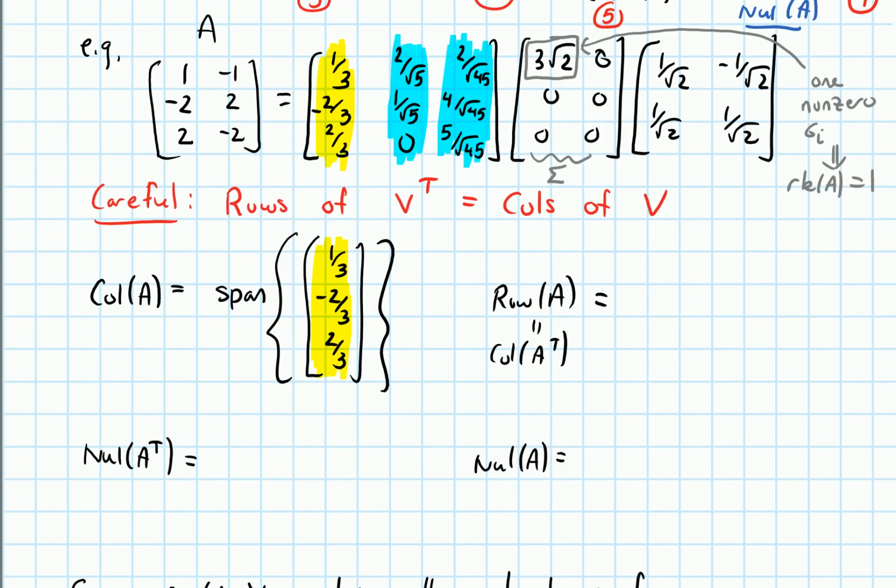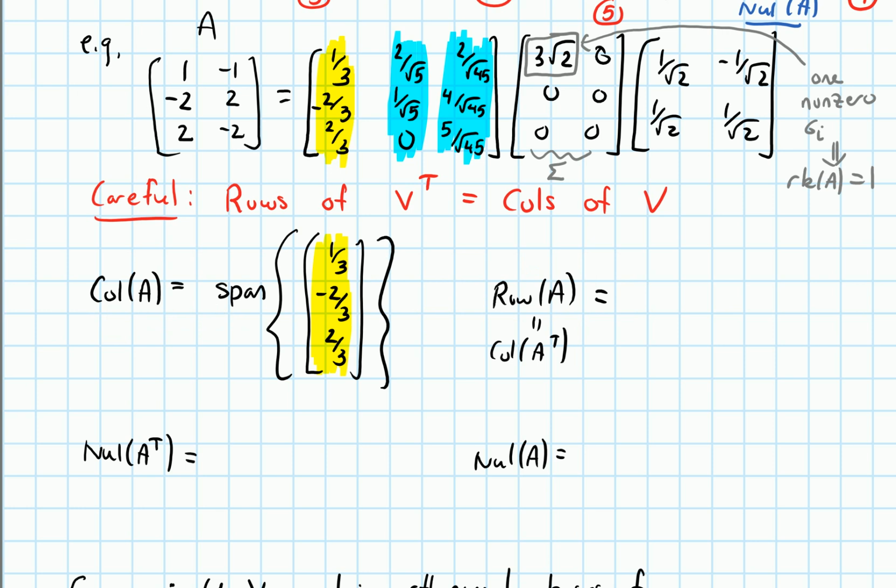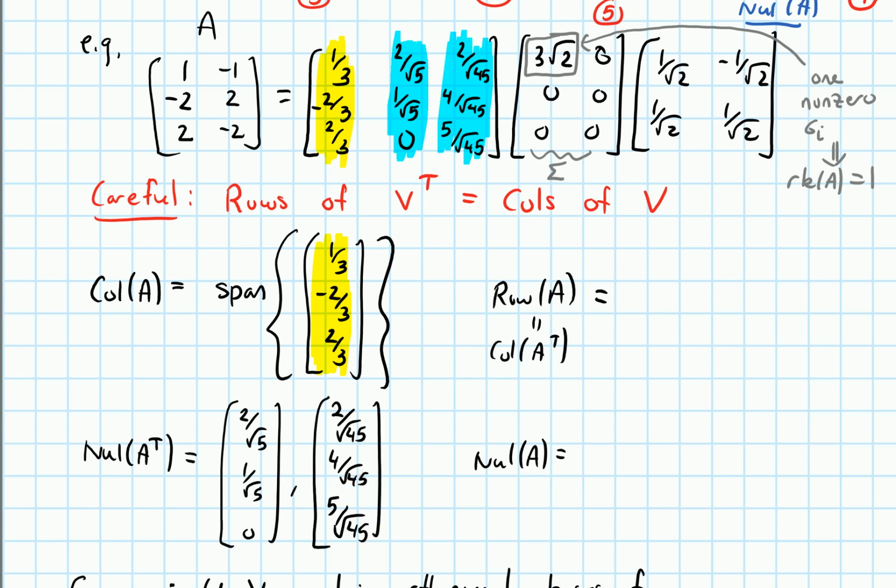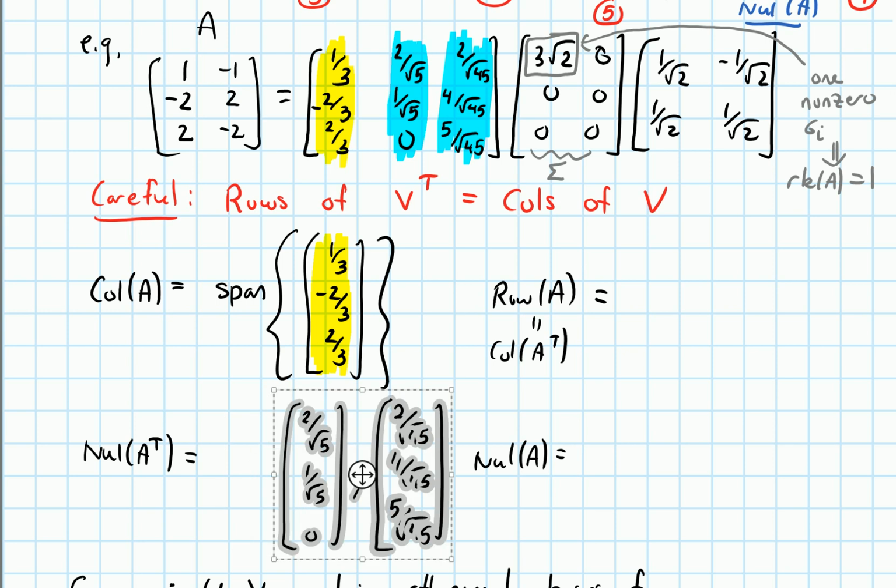So let's write those down: 2 over root 5, 1 over root 5, 0, and then 2 over root 45, 4 over root 45, 5 over root 45. And then we need to take the span of these. So that is the null space of A transpose. Let's highlight these as well.